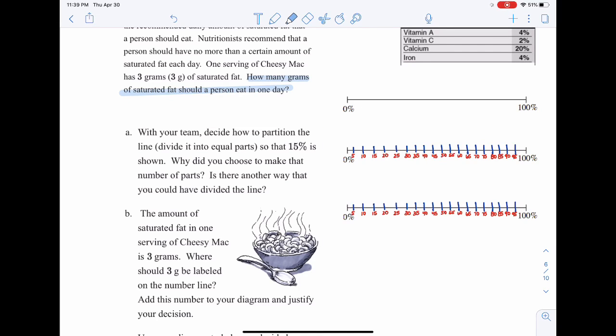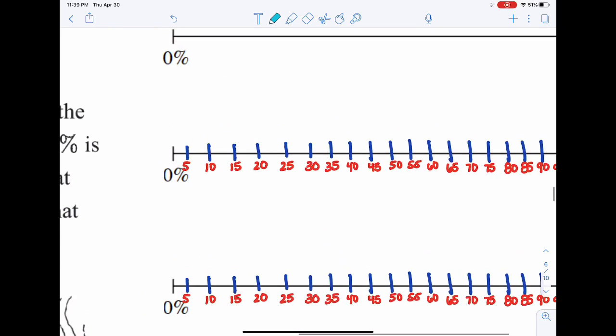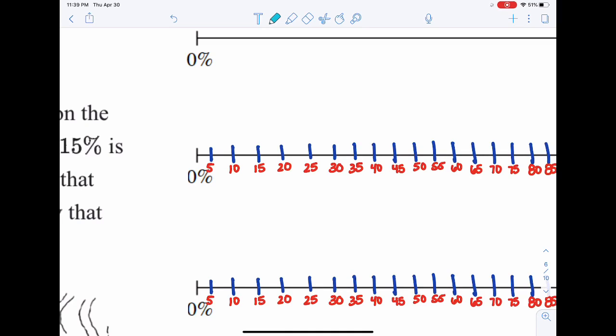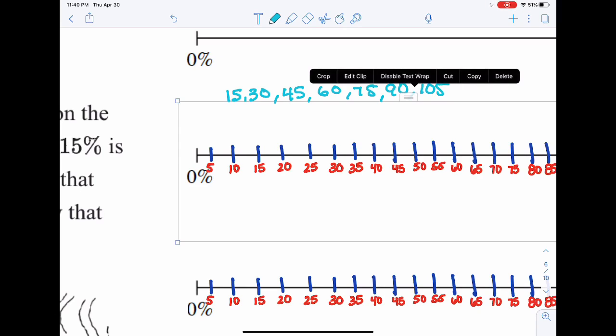Okay, so I decided to partition the line like this. You might be asking, Ms. Lopez, why? Well, if I were to do it by 15s, right? 15, 30, 45, 60, 75, 90. What comes next? 105. So I couldn't do it by 15s because I would go over 100%.